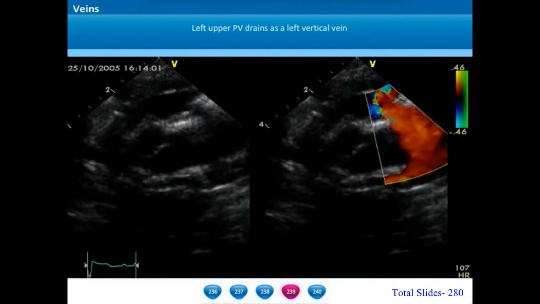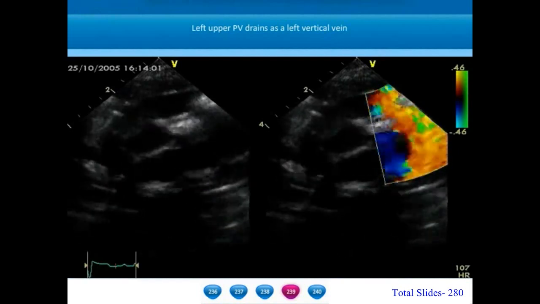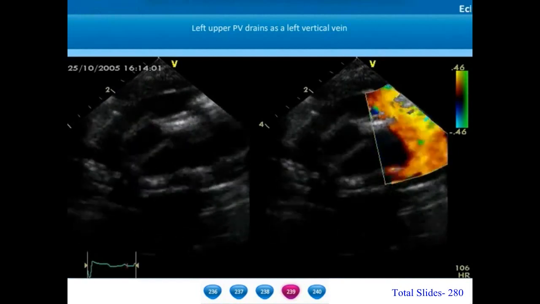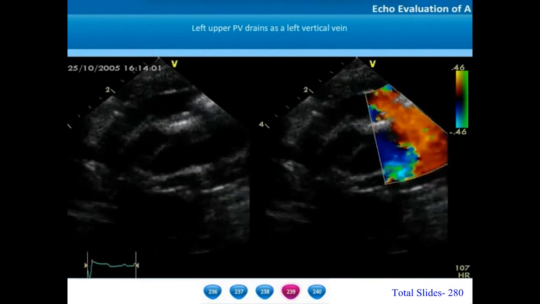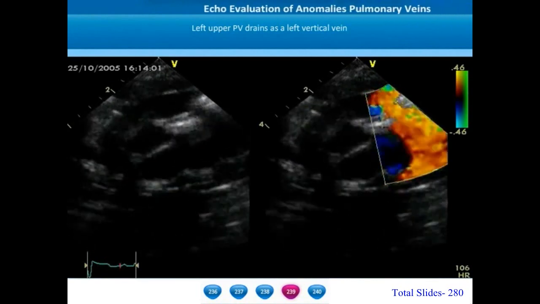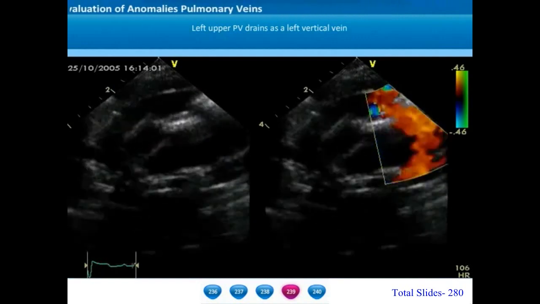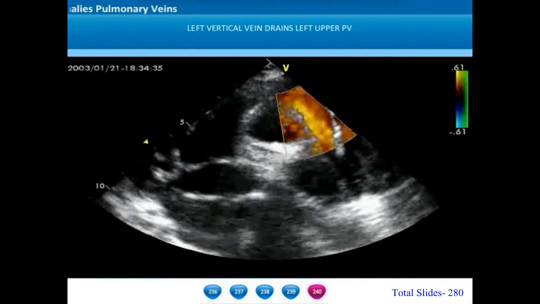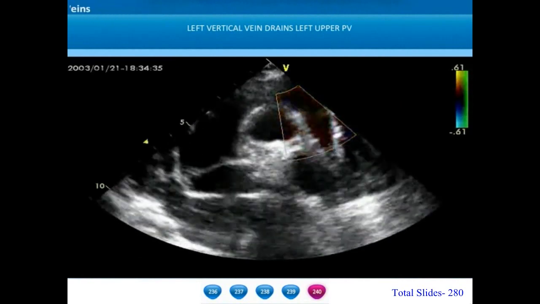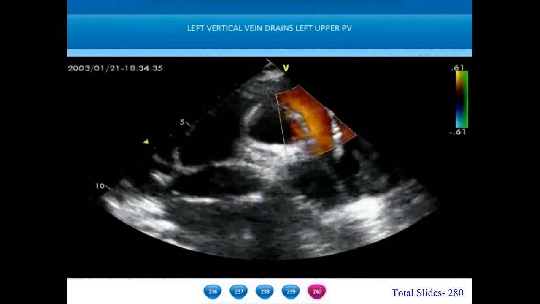So in this patient, the right upper, right lower and the left lower pulmonary veins have drained into the coronary sinus, whereas the left upper pulmonary vein is draining through a left vertical vein into the left innominate vein. This is the feature of mixed TAPVC. The large left vertical vein is draining the left upper pulmonary vein.